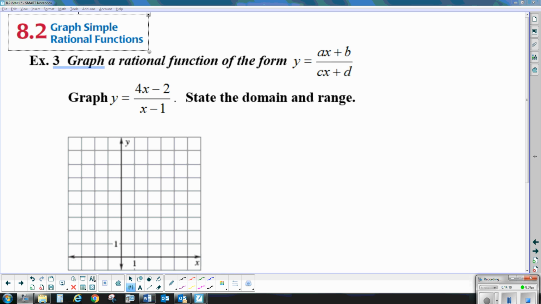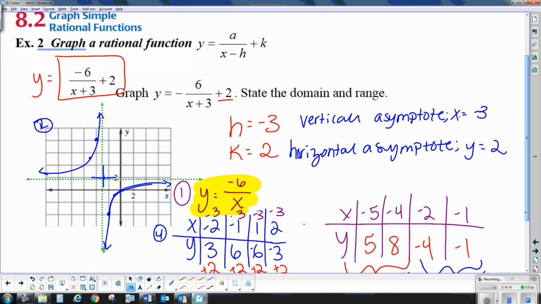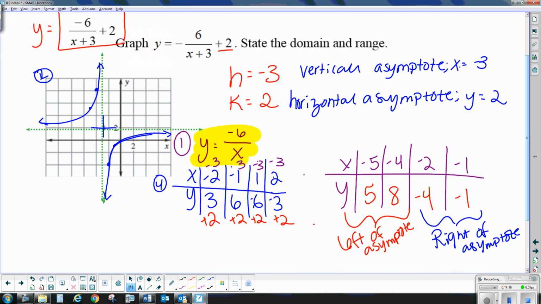Oh, you know what? We need to go back in the last example and state our domain and our range, because since we shifted the graph up and to the left, we have a new domain and range. Your domain and range is always restricted by your asymptotes. So in this example, the asymptotes are h equals negative 3 and k equals 2.